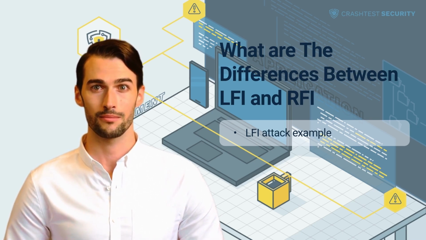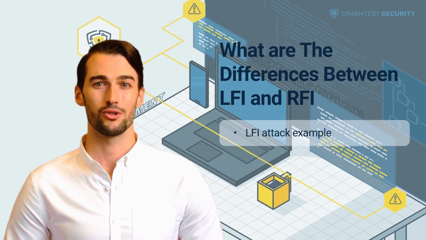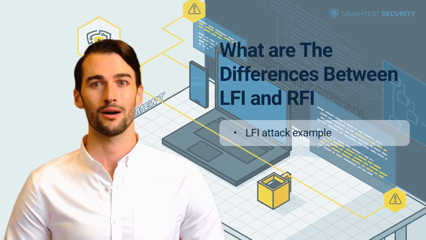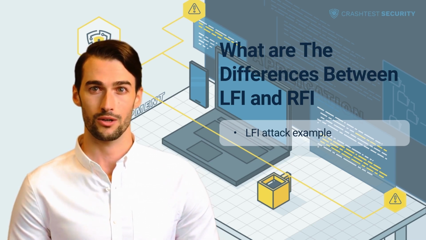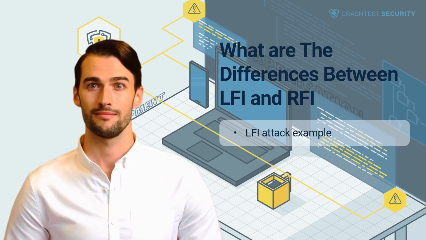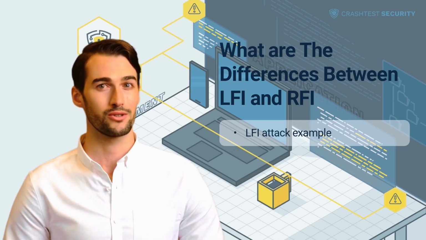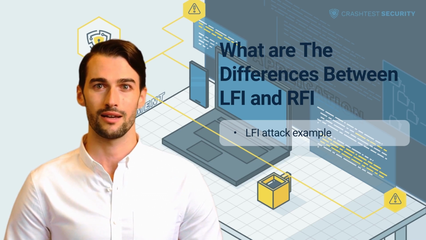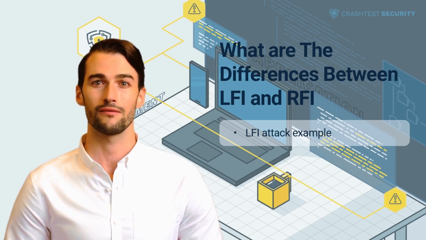LFI attack example. There are different ways to demonstrate what an LFI may look like. One of the simplest examples of local file inclusion is the simple change of URL that goes by without filtering. For example, say you have this URL: https://your-website.com?module=info.